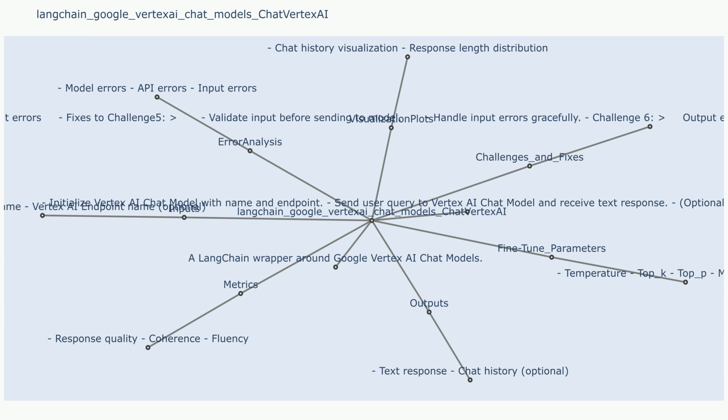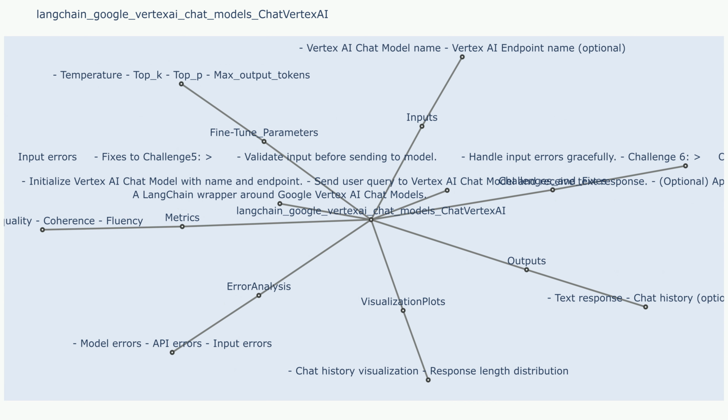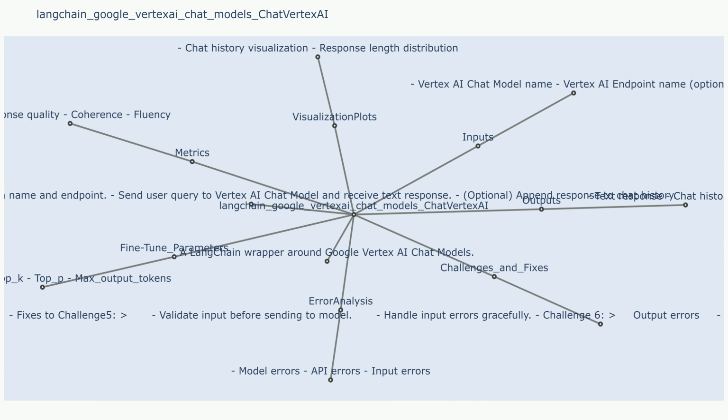The model processes the message and generates a response, which is then returned by the run method. Metrics: latency, the time taken by the model to generate a response after receiving the user's message. Accuracy, the quality of the generated responses, measured by how relevant and informative they are to the user's input.